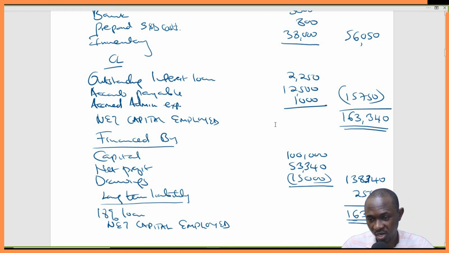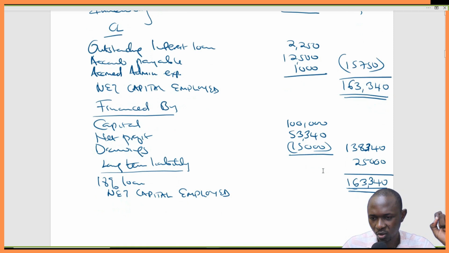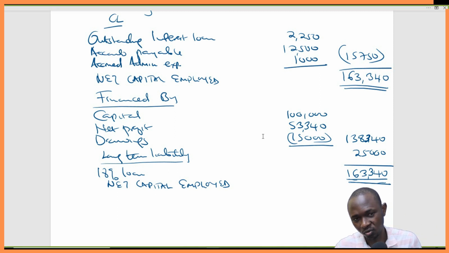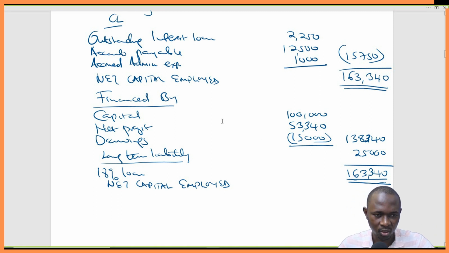That should be a lesson to you, that you need to be very keen, very accurate with the figures. Make sure you capture them as they are. We've learned our lesson the hard way. Sometimes some of these things might not be that easy to get to where the problem is, but we thank God that's a lesson.